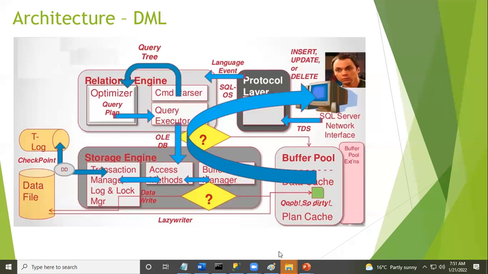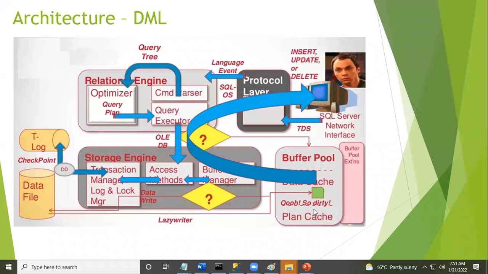In simple words, checkpoint is writing dirty data pages from the buffer pool to the disk, and also writing transaction information from the log cache to the log file, right? So when do we say a page is dirty, and when will it be clean?